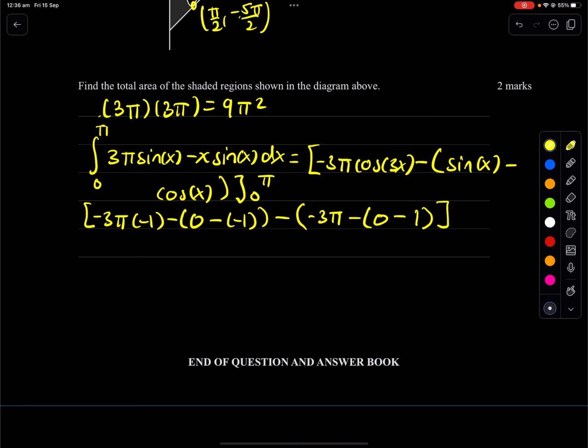So I'm just going to simplify this. Oh my god, such a mess. It'll be negative 1, plus 3 pi, so plus 3 pi, negative 1, so 1, negative 1.